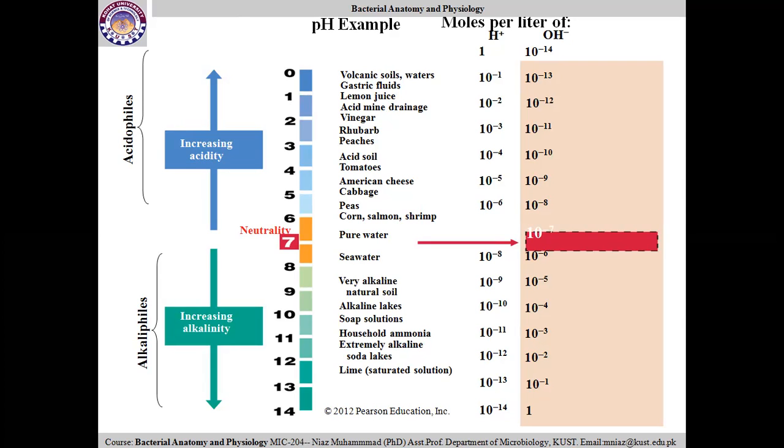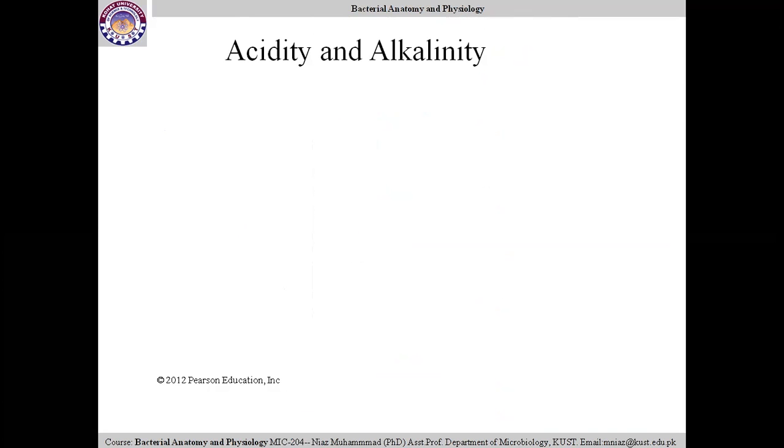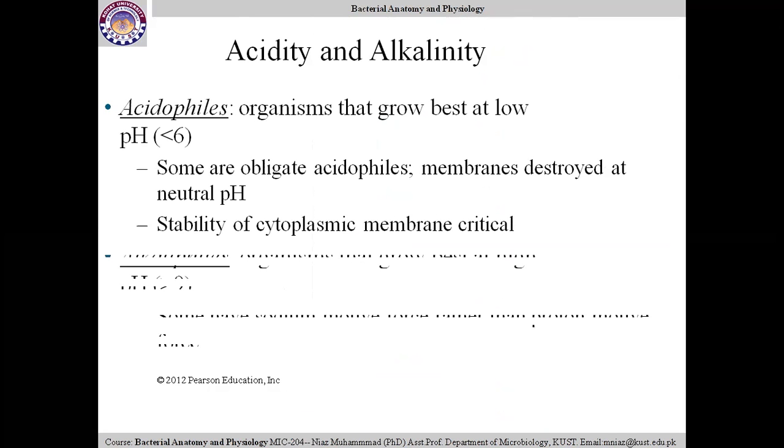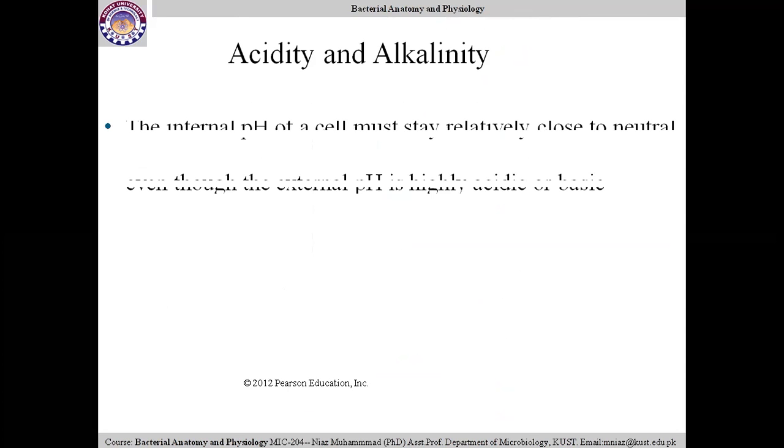You can talk with your colleagues and friends, go through research papers, and understand in detail how microorganisms are affected by different environmental factors, because these factors are responsible for selecting a microbial community in any ecological niche.